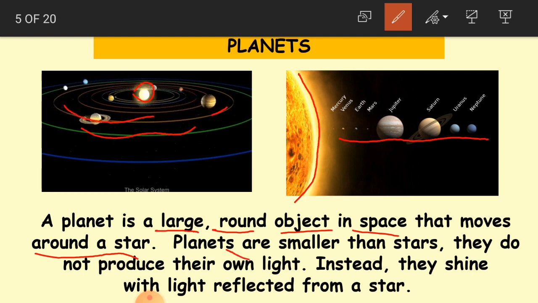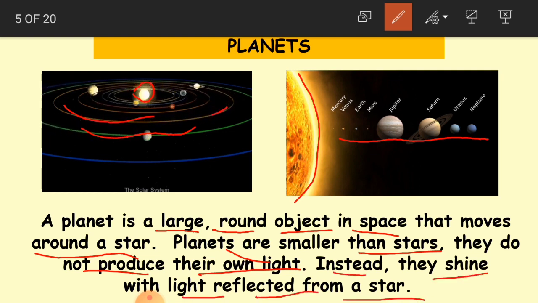Planets are smaller than stars, so they do not produce their own light. For example, the Sun is so huge in size, so planets are smaller than stars and they do not produce their own light. Then how are they getting the light, children? Instead, they shine with light reflected from a star.